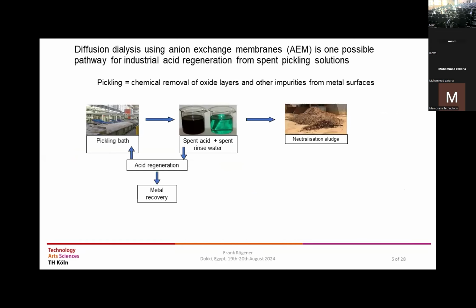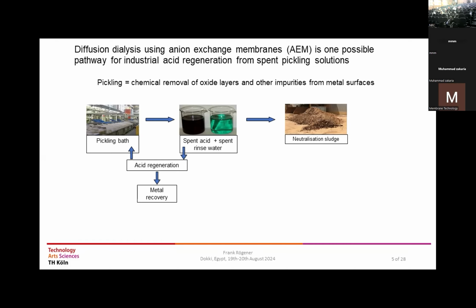Here you can see the application in principle. On the left-hand side, you can see a typical pickling line in the stainless steel industry. It's a continuous cleaning process of so-called coils. During this process, the acid gets in contact with the surface. Specific pollutants are removed. Also, part of the metal surface is reacting, and so the concentration of metals increases over time in the baths, and the concentration of the active acid certainly decreases because of the reaction.